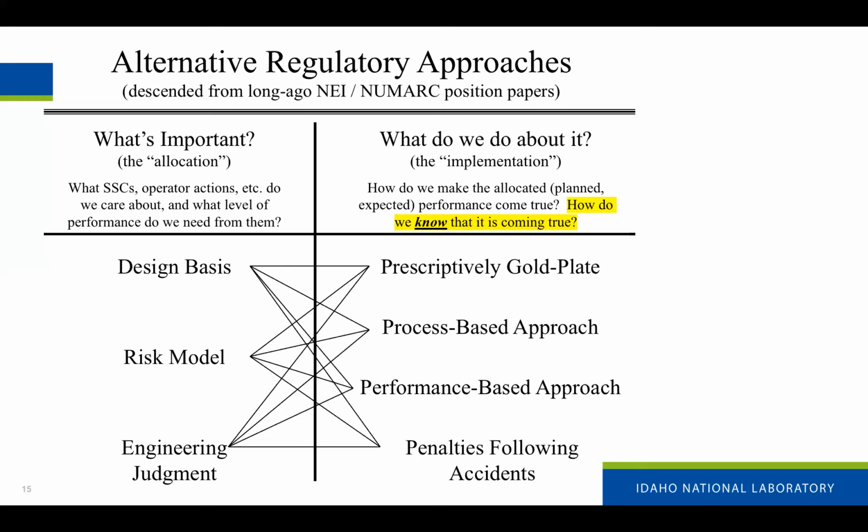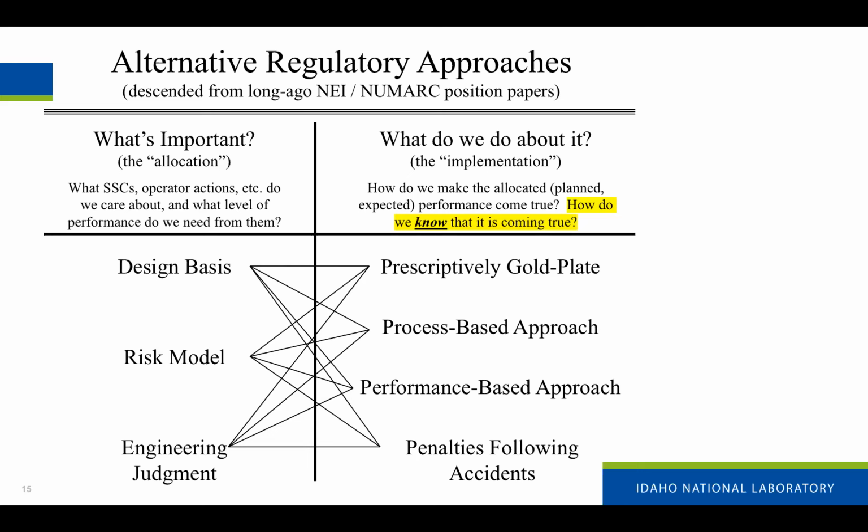And then how do we know that it's coming true? How do we make it come true? Because on the left we've said we need reliability of so-and-so, availability of so-and-so, and actual physical performance of so-and-so. How do we know we're getting that? We're going to hand in an analysis that says we're going to get that, but how do we know we're getting it?